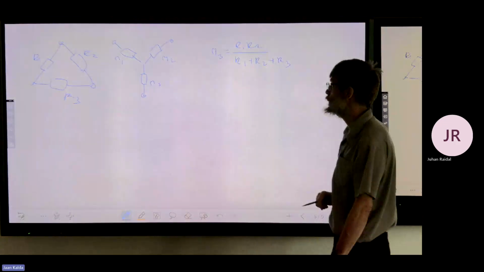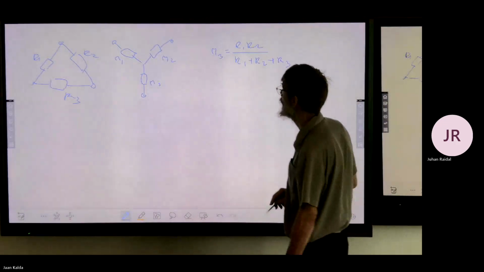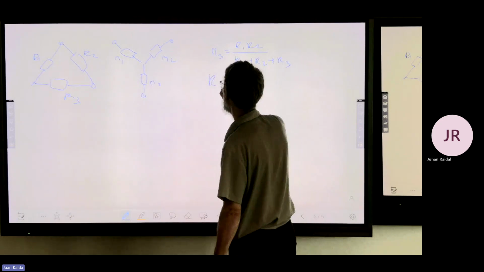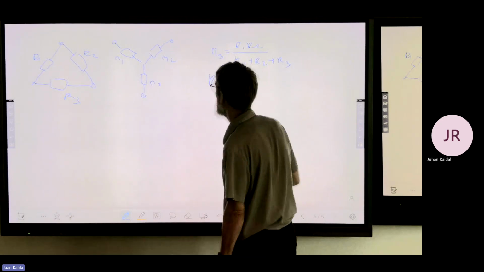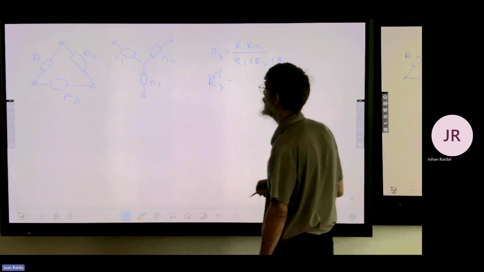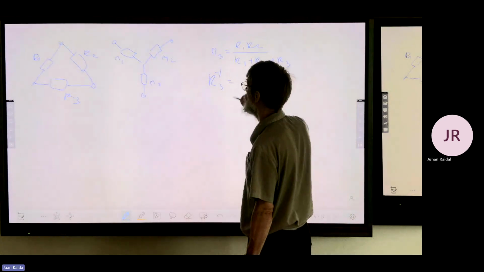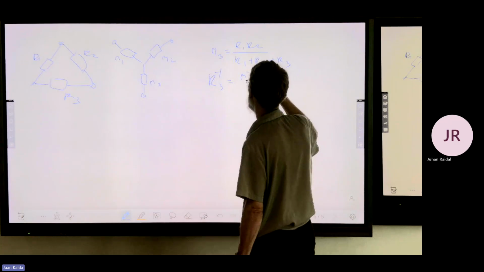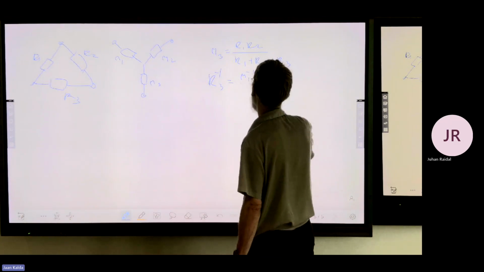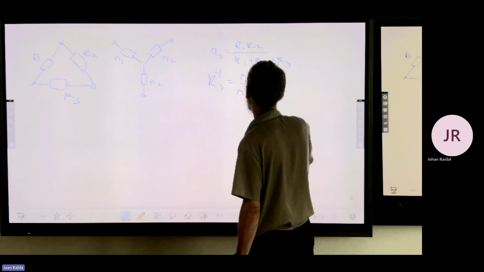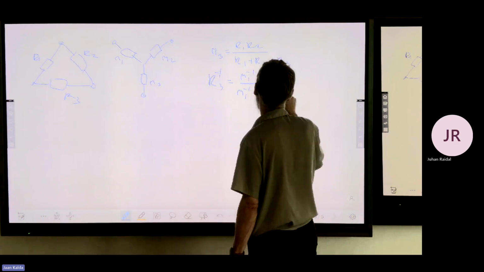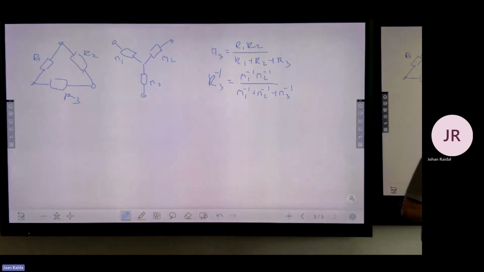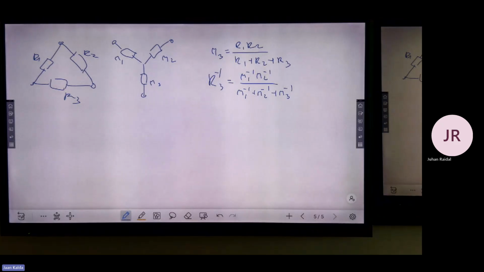And if you want to express it reversely, then we would have R3 to the power of -1 equals R1 to -1 times R2 to -1 divided by R1 to -1 plus R2 to -1 plus R3 to -1. So you have expressions that transfer one into the other.